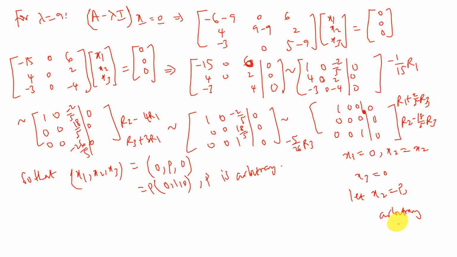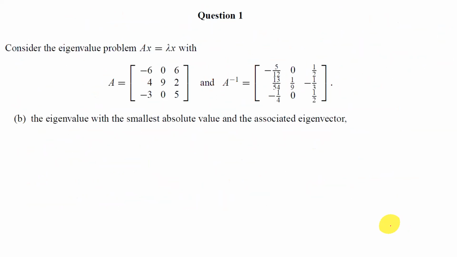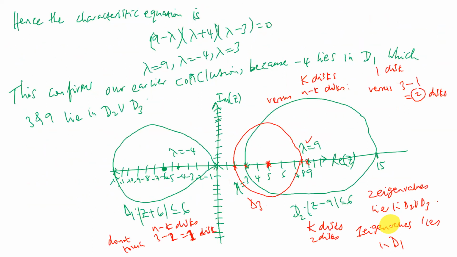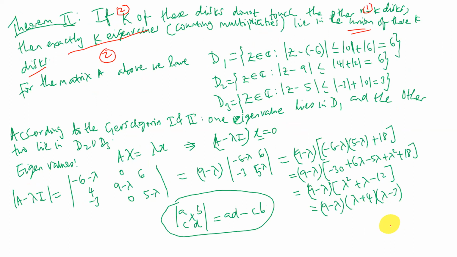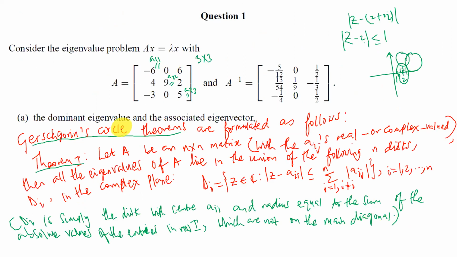Right, so we write back now to conclude the solution to this. The dominant eigenvalue here is 9, because the first question was like, the dominant eigenvalue and the associated eigenvector.